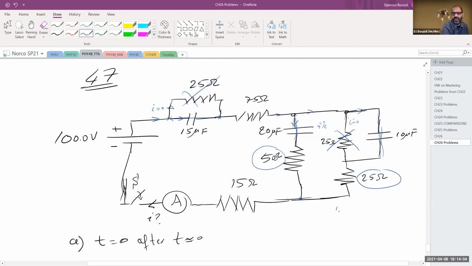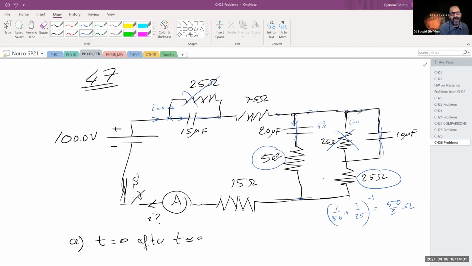Their equivalent resistance is 1 over 50 plus 1 over 25, inverted. If we do the calculation, 1 over 25, the common denominator is 50. So it's going to be 2 plus 1, that's 3. 3 over 50. When you invert it, it's going to be 50 over 3 ohms. So this is the equivalent resistor in this case, because they are in parallel.